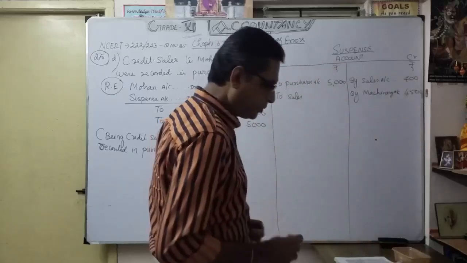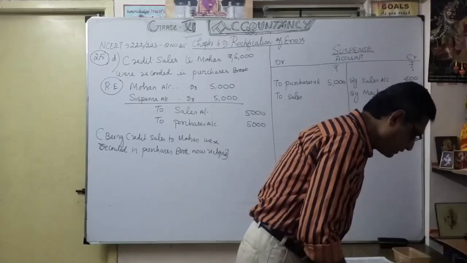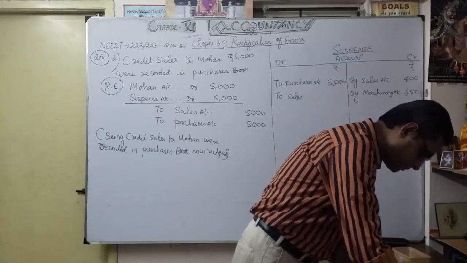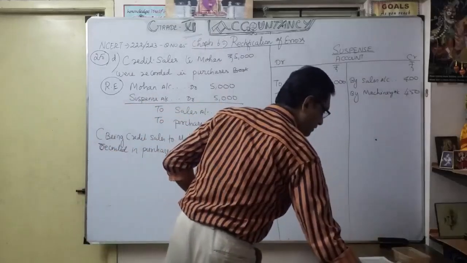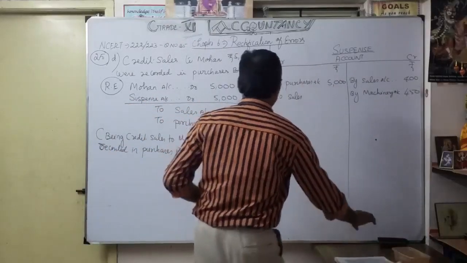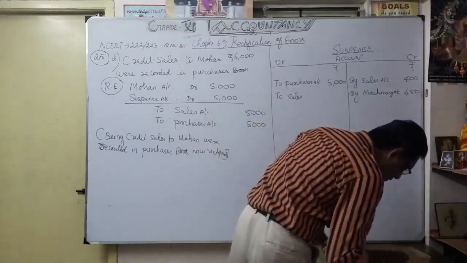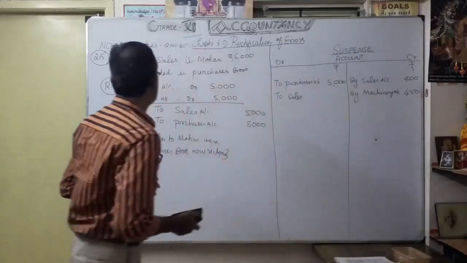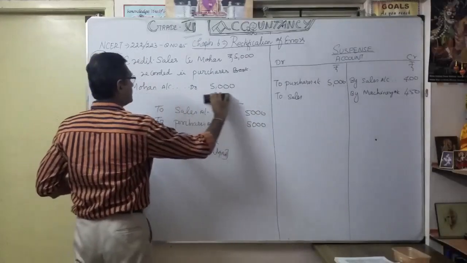So here, instead of that, no suspense account will come, a little bit of confusion. So here what happened? Credit sales, how much? Morgan, 5,000. You want to make it 10,000, so suspense account won't come.